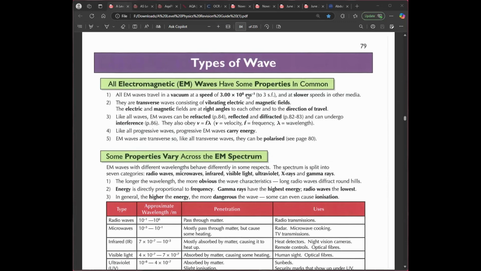So if something is traveling in the air, you just take the same speed, but this speed would be different when it is traveling in, let's say, glass or something that has different optical density. We'll come to how we know what the optical density of the material is, because that depends on the refractive index, because the quantifiable thing about the optical density is the refractive index. We come to that. All EM waves like light, X-rays, microwaves, infrared, all of them are transverse waves.